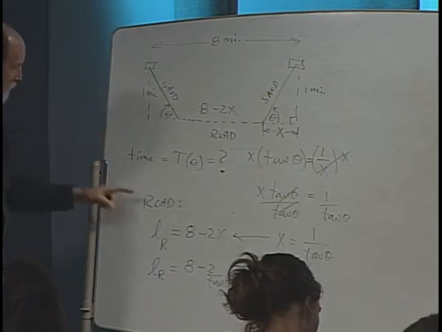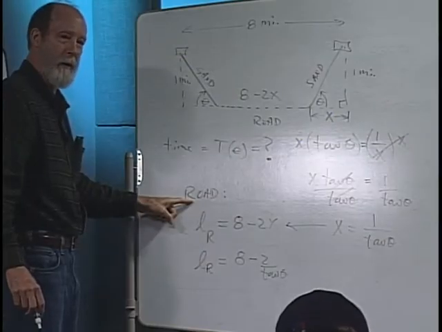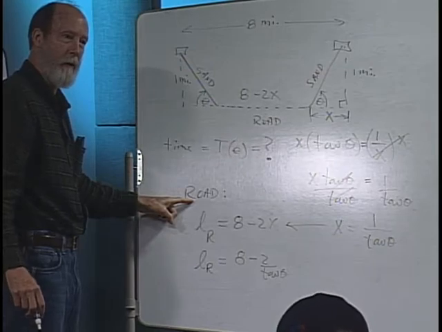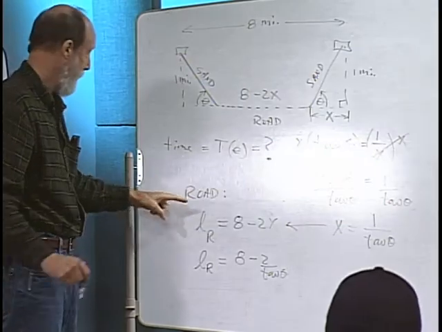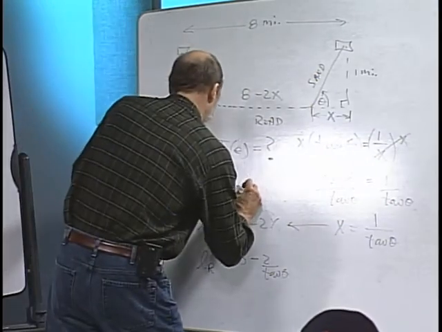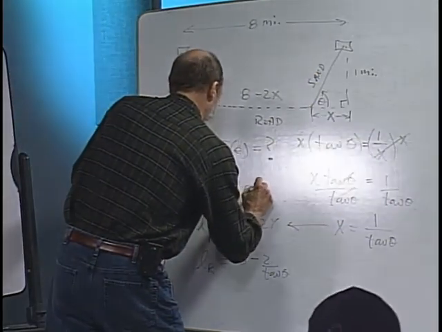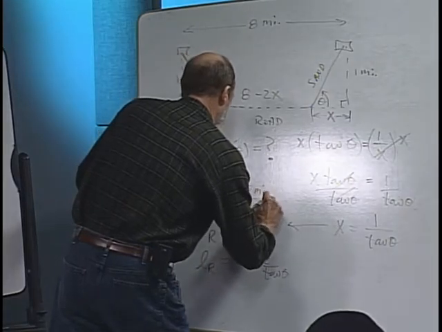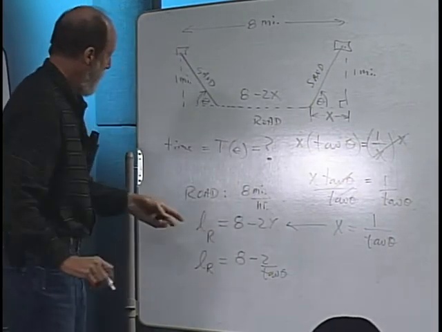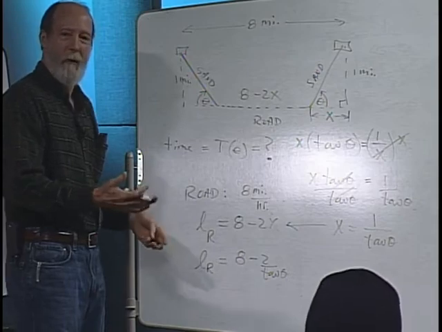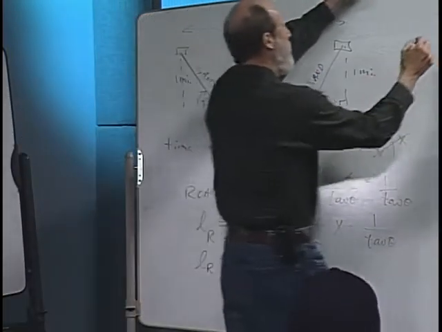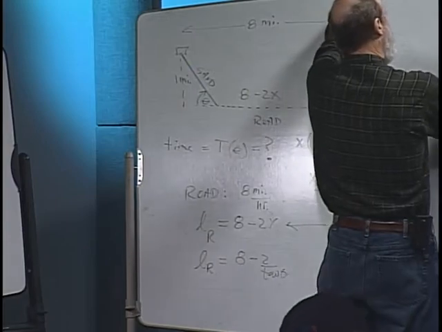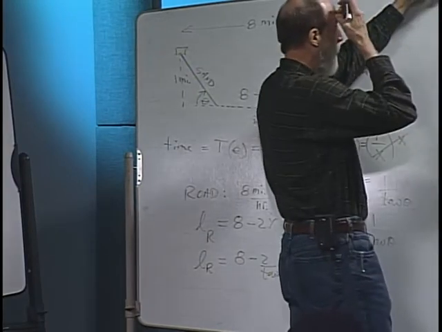Now, we know that when she's on the road, she can run how fast? They told us in the book. 8 miles an hour. Pretty good jogging pace. And so she can jog on the road at 8 miles per hour. We know distance equals rate times time. So let's go back to something really basic here. Distance equals rate times time.